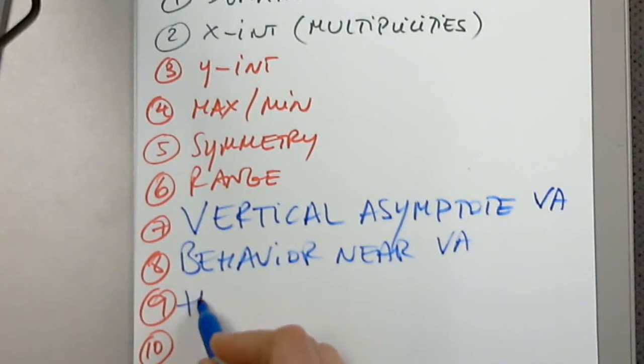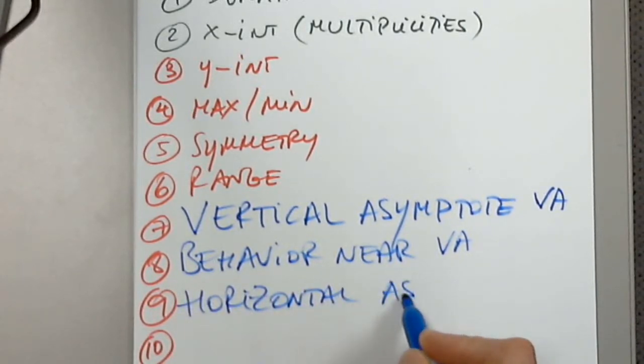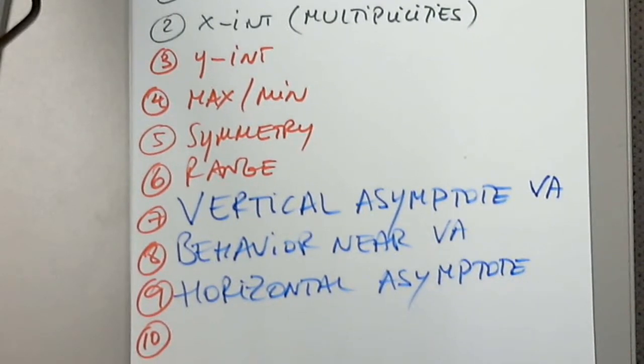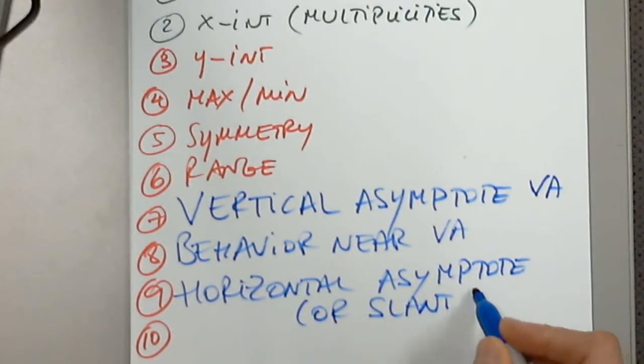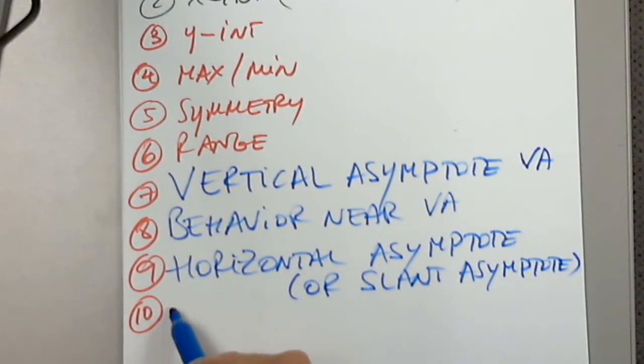Number 9, horizontal asymptote, I'm going to put in parentheses or slant asymptote. And the last one, number 10, end behavior.